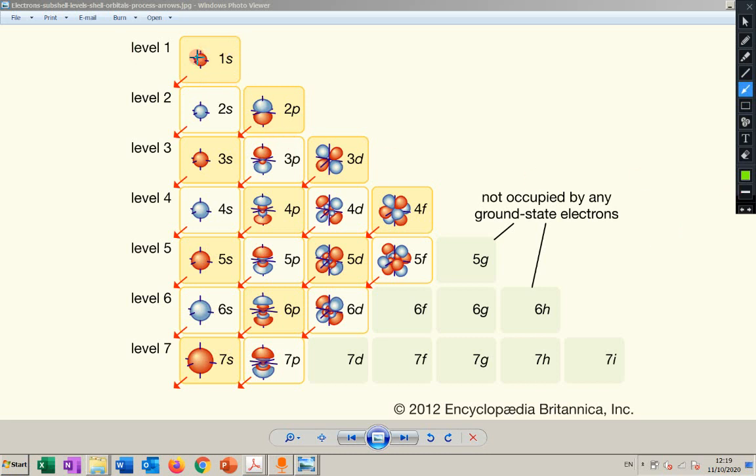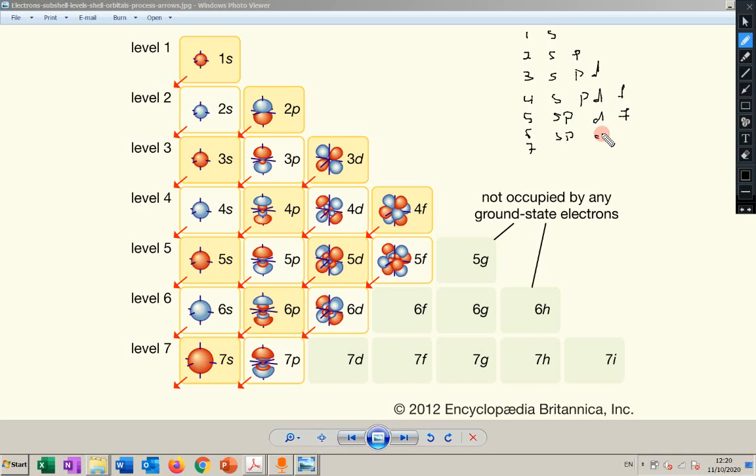Now it's easy to construct this table. You write the levels 1, 2, 3, 4, 5, 6, 7 as rows. Then I'm going to increase them: s, p, and then s, p, d, then s, p, d, f, then here s, p, d, f, s.